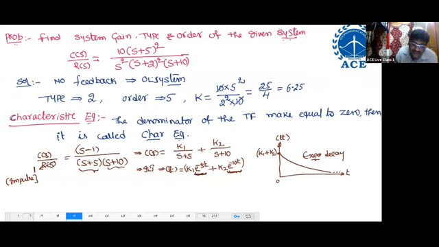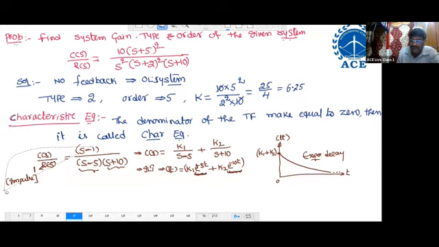In case I put minus 5 here, the nature is going to change. Why? Because it becomes S minus 5, which means e power plus 5t, an exponential rise to infinity. So the nature changes. That means the nature is decided only by the denominator terms.